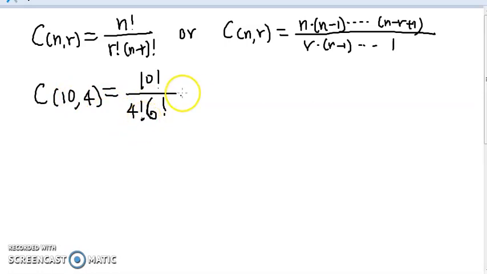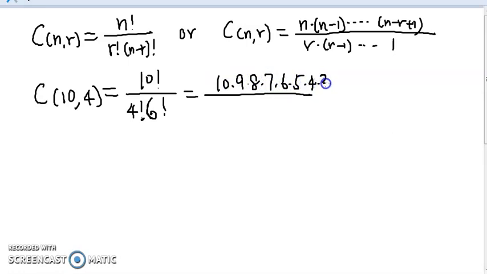Then we write down 10 factorial: that's 10 times 9 times 8, 7, 6, 5, 4, 3, 2 times 1. And on the bottom, we have 4 factorial, that's 4, 3, 2, 1, and 6 factorial, it's 6, 5, 4, 3, 2, 1.